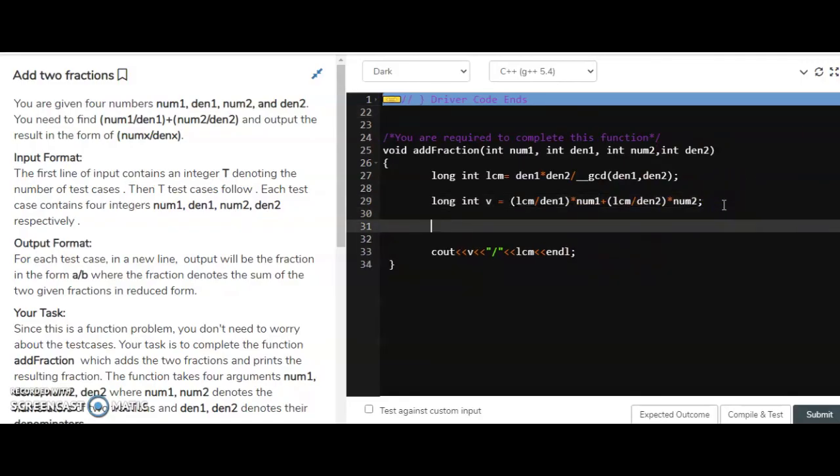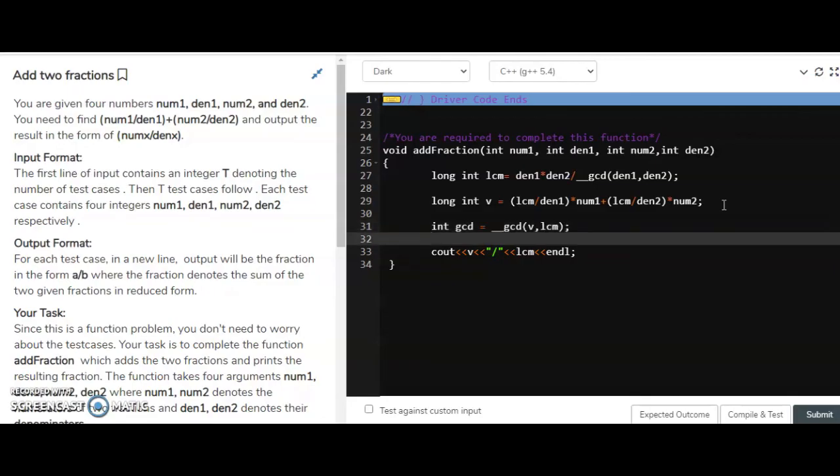Whatever the LCM we got and whatever the v we got, we have to find the GCD. Let's say GCD is equal to the GCD of both terms, that is v comma the LCM.